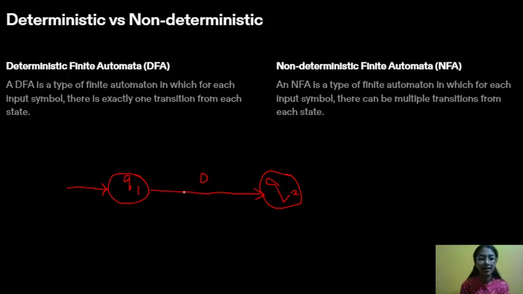Generally, this is a DFA, which is deterministic, where there is exactly one transition from one state to another, whereas for an NFA there are multiple transitions from one state to another. Here Q3 is another state with transitions on different input values, or it can be the same. This is an example of a non-deterministic finite automaton.